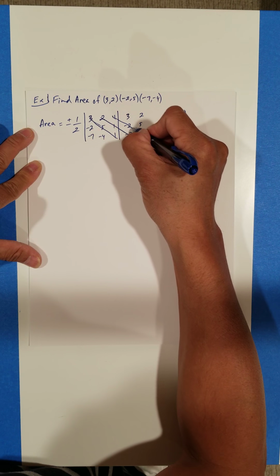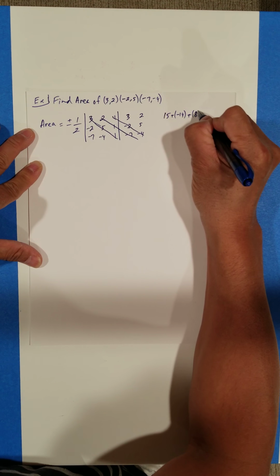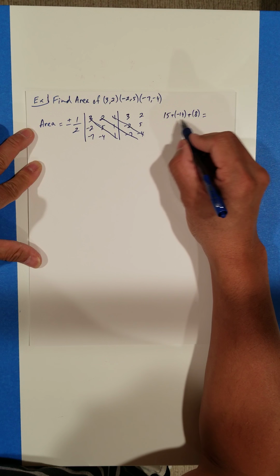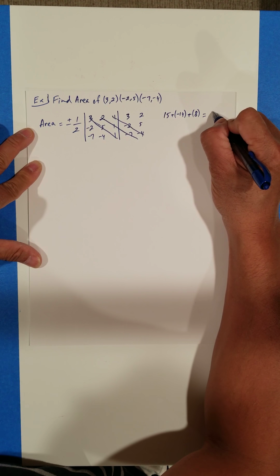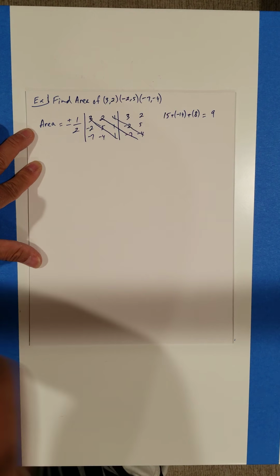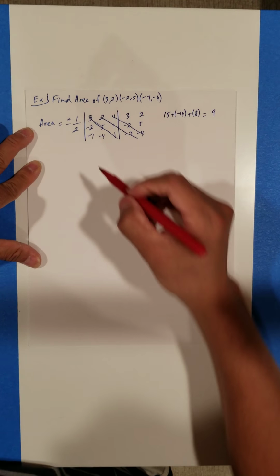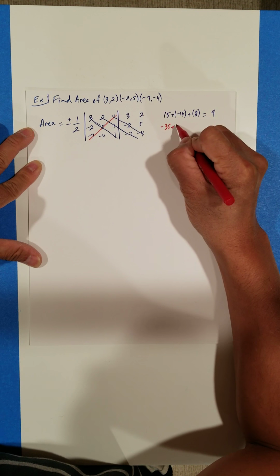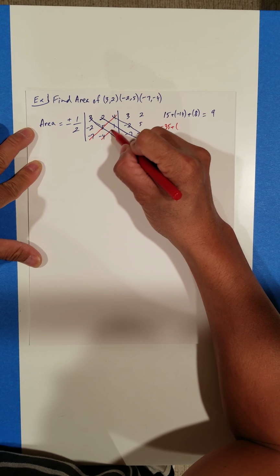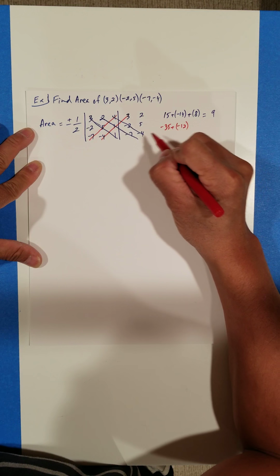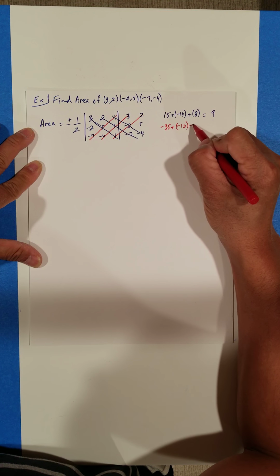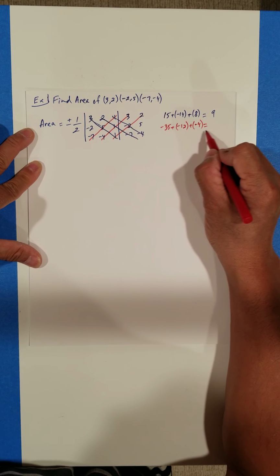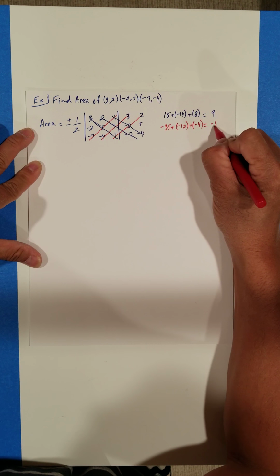Then going down, plus 8. So here we have a grand total of 23 minus 14, which is 9. Now going up, you get -35, plus -12, and plus -4. Add all these together and you get -51.